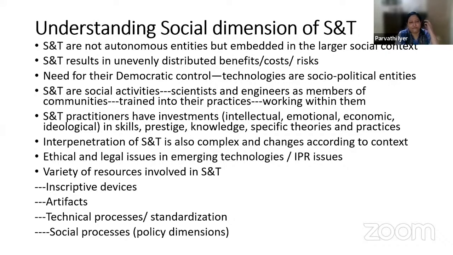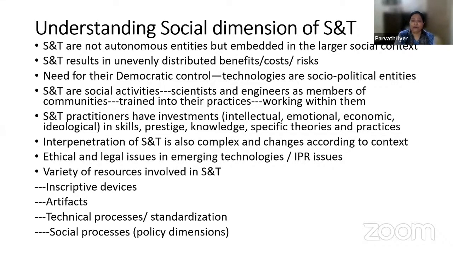So there are a lot of ethical and legal issues involved, and a lot of contestation in society regarding this. IPR issues are also a source of contestation, and they are not purely technical as they are made out to be, but have important implications for society and for knowledge production.